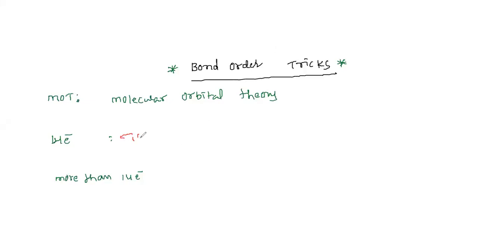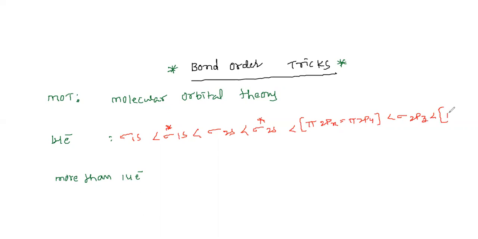First it is filled with sigma 1s, then sigma star 1s, then sigma 2s, then sigma star 2s, then pi 2px equal to pi 2py, then sigma 2pz, then pi star 2px equal to pi star 2py, then sigma star 2pz.